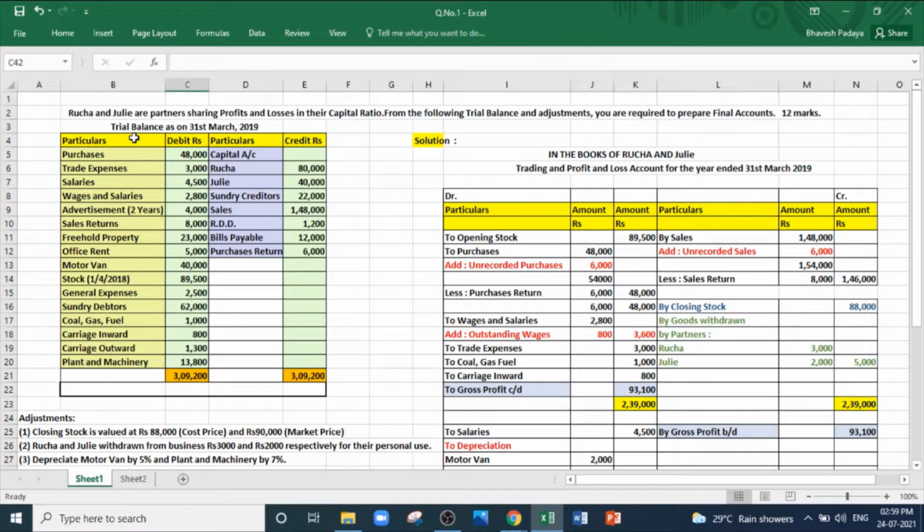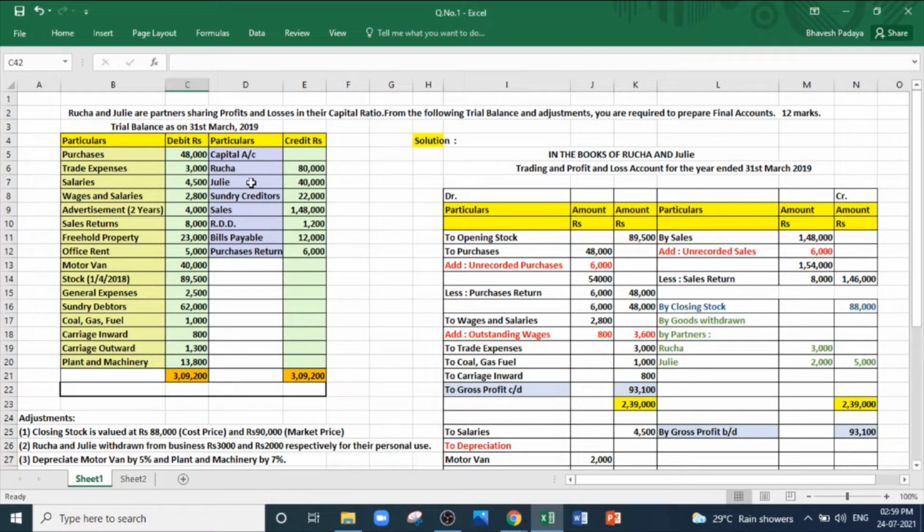Then we have the trial balance, as on 31st March 2019. These are the debit balances and these are the credit balances. Note one thing, that all the items appearing on the debit side of the trial balance will go to the debit side of the trading account, or debit side of the profit and loss account, or the asset side of the balance sheet.